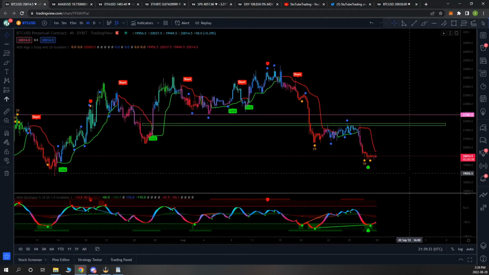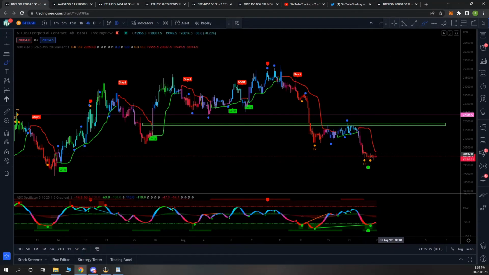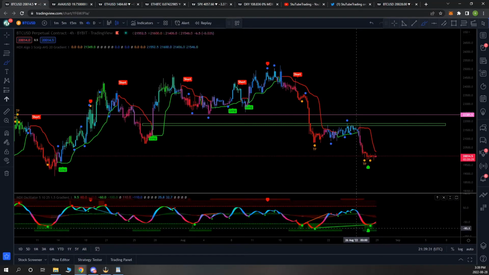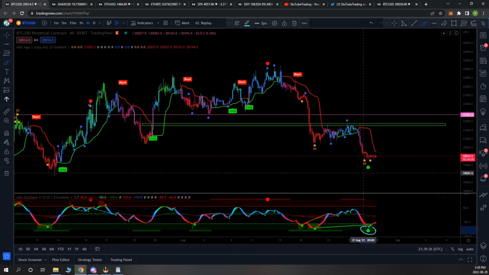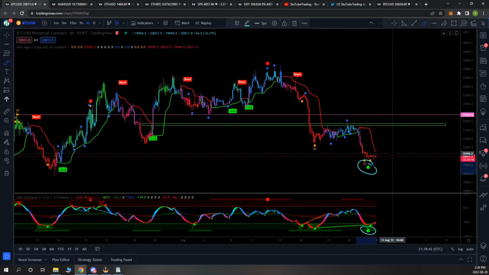But like I said, there are a few things on the 4-hour chart that would suggest there could definitely be a bit of a reversal or at least a relief rally. Like I said, there's this bullish divergence on the oscillator, potential market bottom here. We got our oversold being shown here, and once again, just a potential pivotal point.